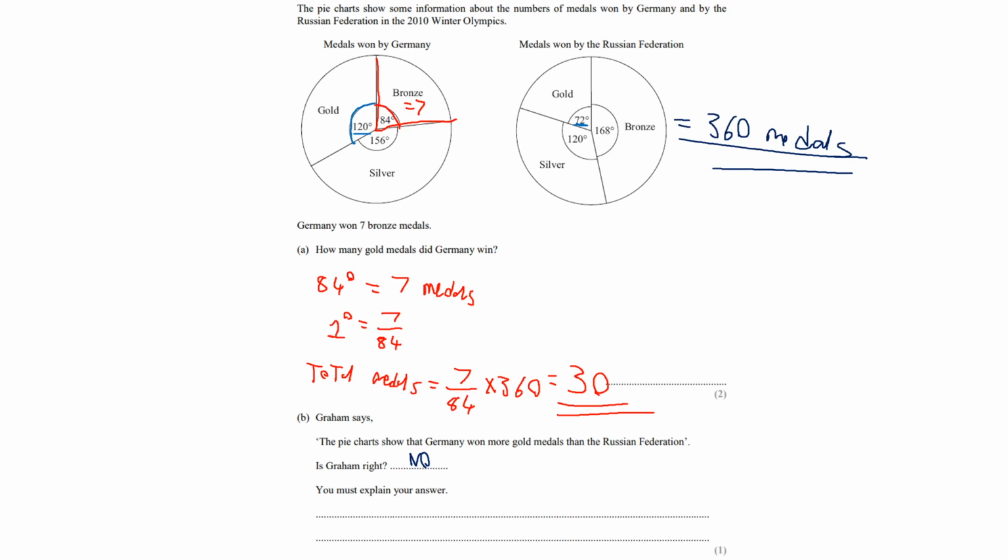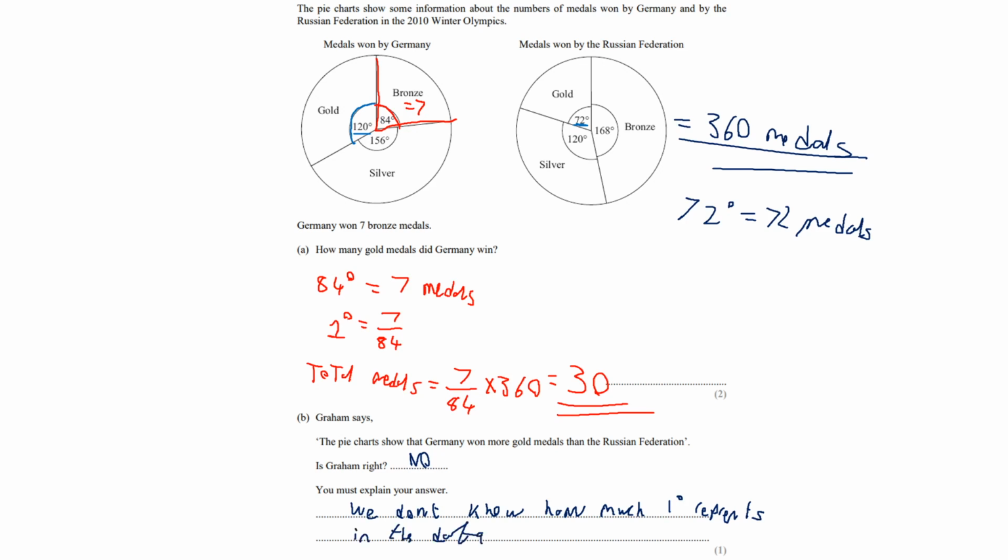So 72 degrees equals 72 medals. Okay? And so the reason why we don't know that from the pie charts is because we don't know how much 1 degree represents in the data.